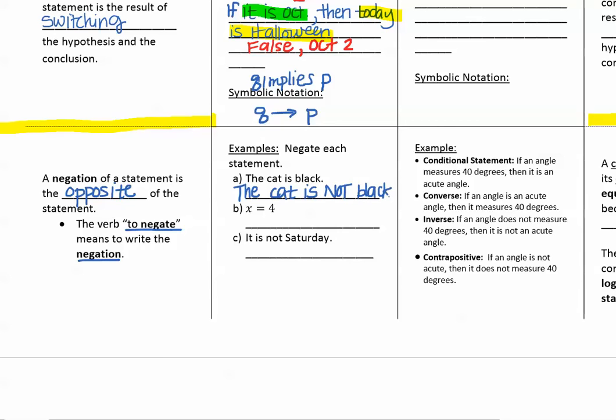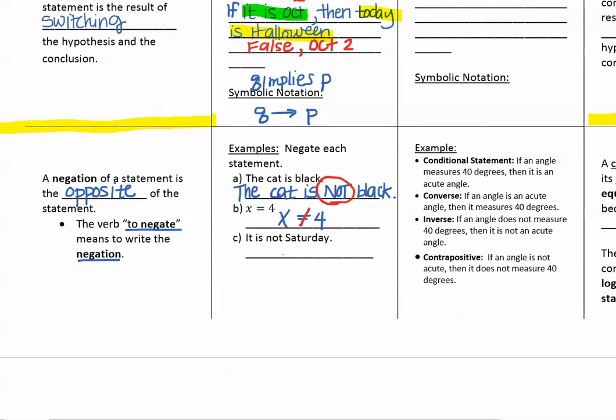This is the exact opposite of saying the cat is black. We add the word not. Okay? We could do that more mathematically for the second one. It says x equals 4. Well, one way that we say the opposite of equals is we put a line through it. That means x does not equal 4. And so the not part comes with this line.